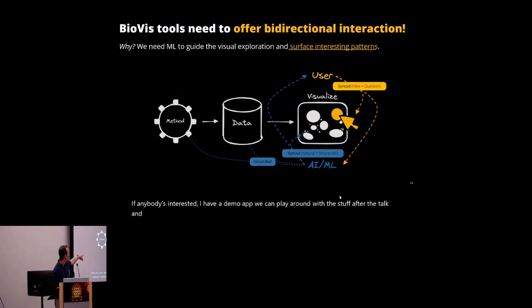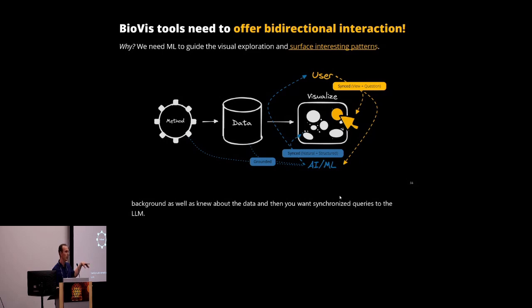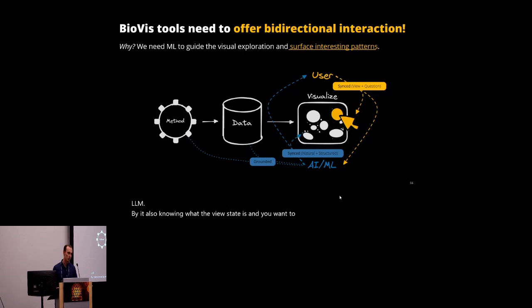And yeah, so the key idea here is, again, what you want is bidirectional interactions. So the user, and it doesn't have to be an LLM, but you just want an API. But for this demo, the key aspect is also it was grounded in the methodological background as well as it knew about the data. And then you want synchronized queries to the LLM by it also knowing what the view state is, and you want to get back natural and structured output to prevent a little bit from hallucinations.